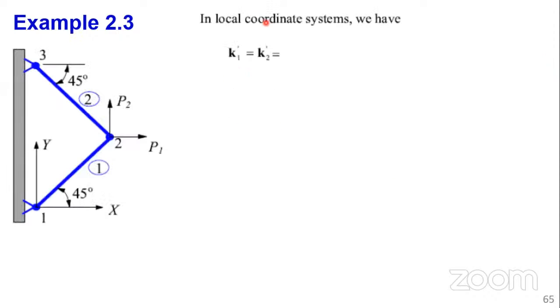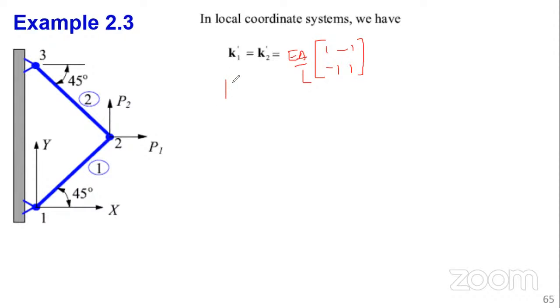So K for each of these is equal to EA over L times [1, -1; -1, 1], because they have the same material property and geometry. But you see, now we cannot assemble them because they are oriented in different coordinate systems.